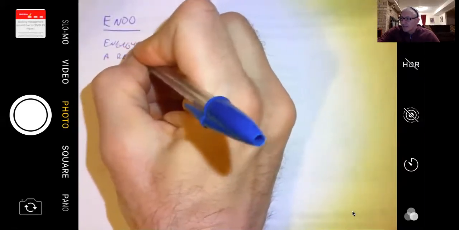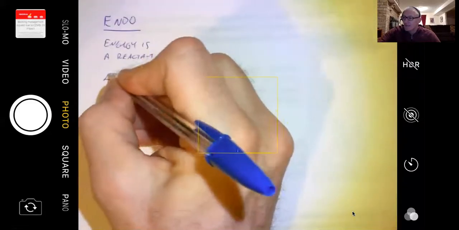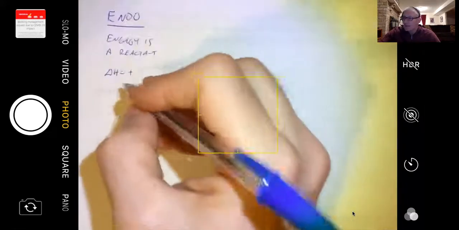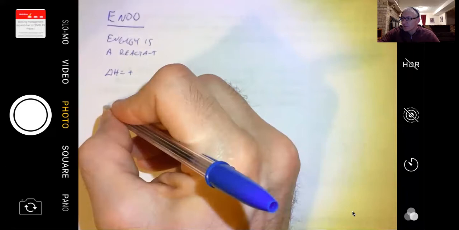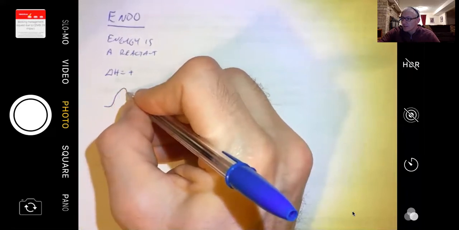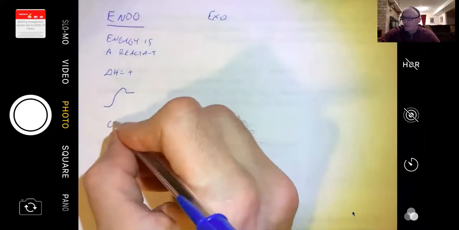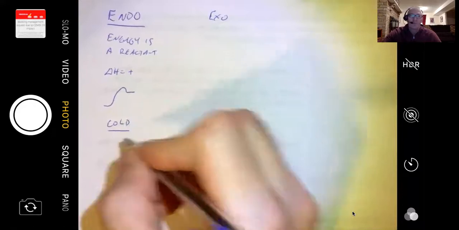The delta H is going to be positive, and the picture of these is going to start down low and end up high. Endothermic reactions are going to feel cold.